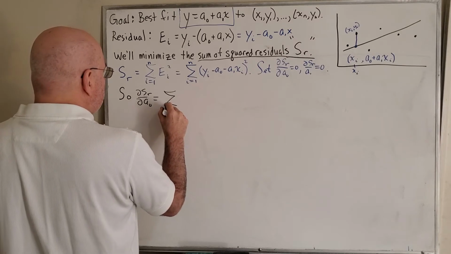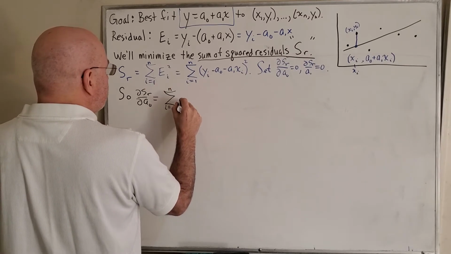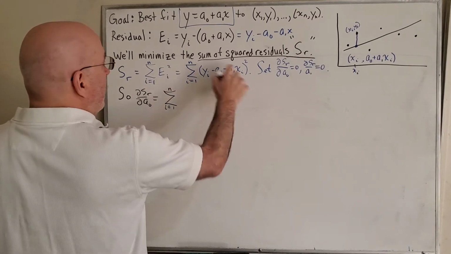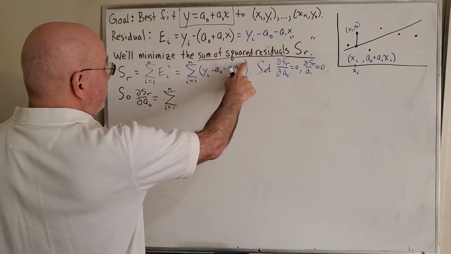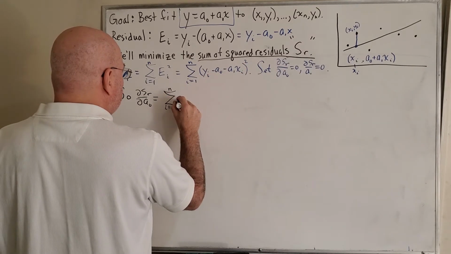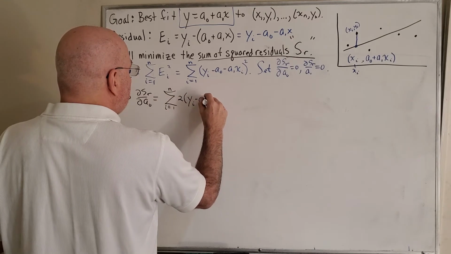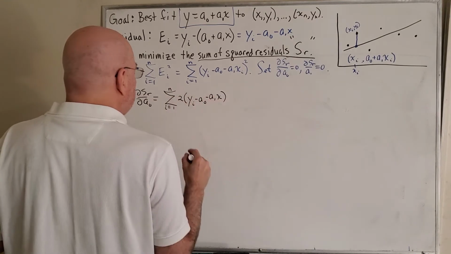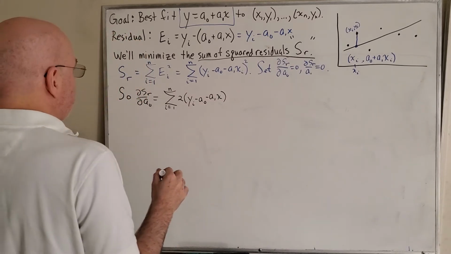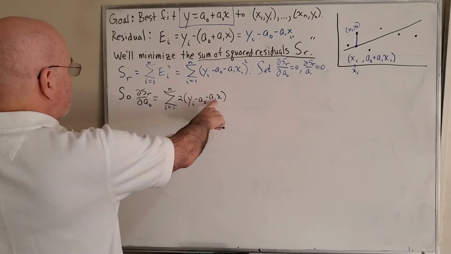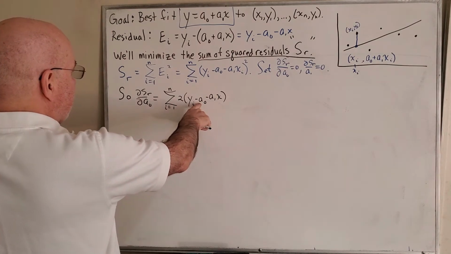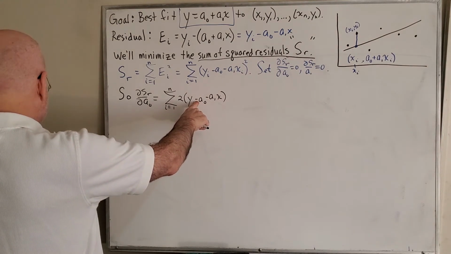So the sum from i equals 1 to n of what? Well, if we take the derivative of this, we're going to have to bring the 2 down, times yi minus a0 minus a1x. And then we need to multiply times the derivative inside here with respect to a0, which would simply be the negative 1.